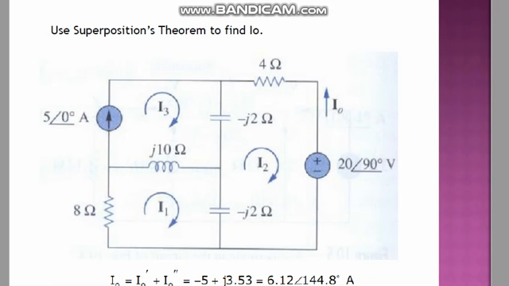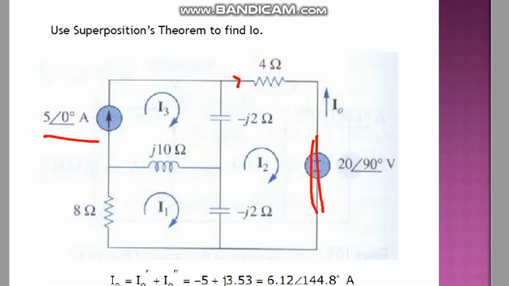Now, while analyzing this circuit, you have to choose which source will be active and which will be inactive. If we activate this source, the voltage source will be short circuited, then you can find the current that passes in that direction.